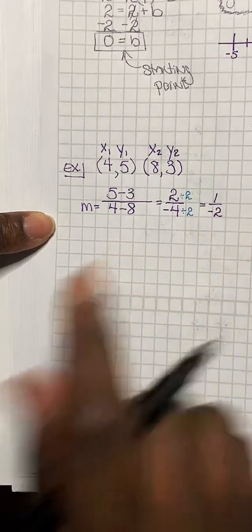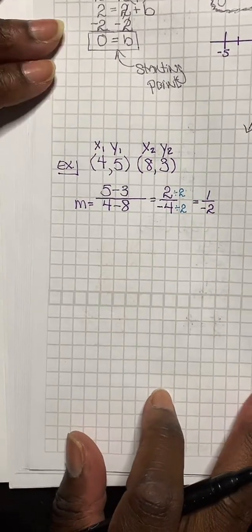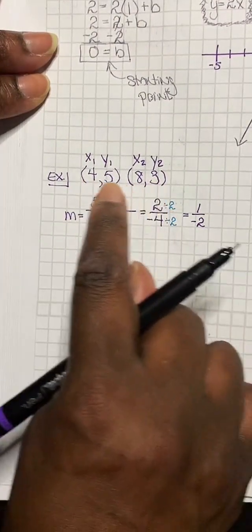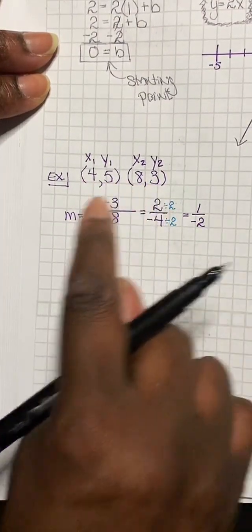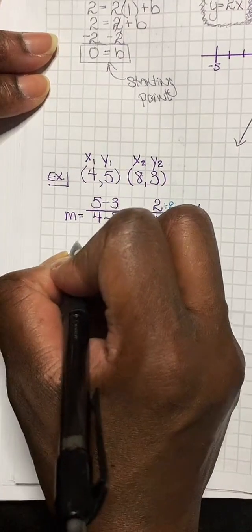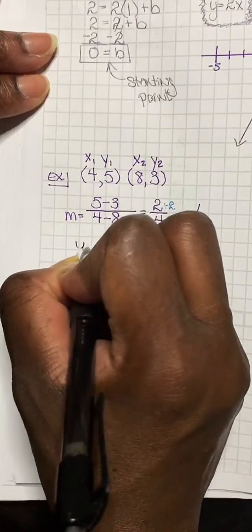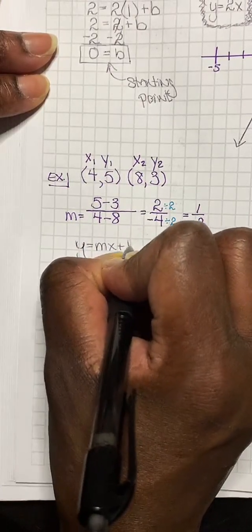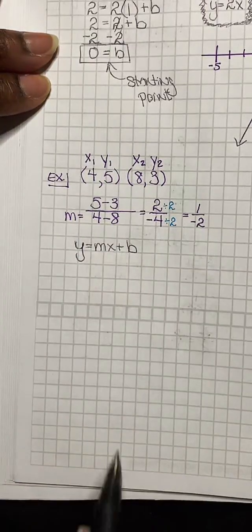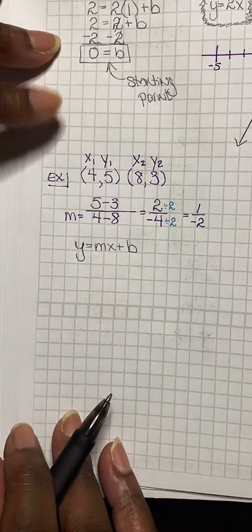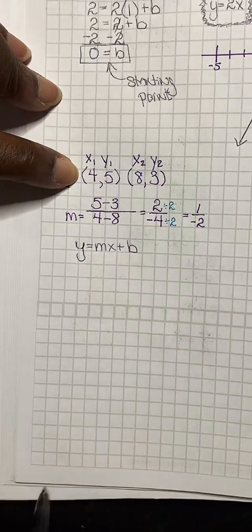Now, we have our slope. We need our y-intercept so we can get our equation in line. You get to pick one of the 2 points to represent your x and your y value. It doesn't matter. Okay? It doesn't matter which one of those 2 points you pick. I'm going to be like Janice. I'm going to pick the first one.